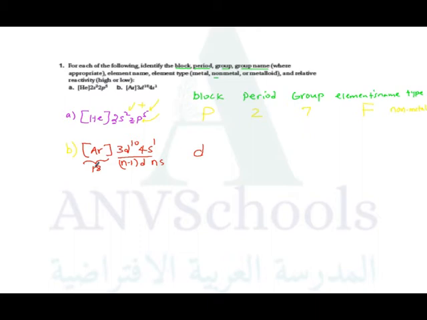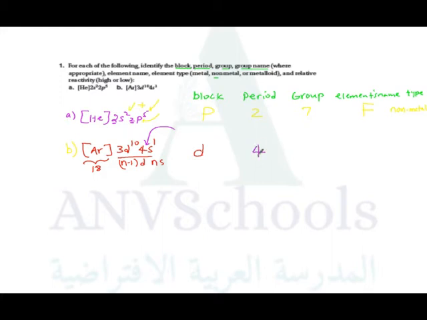An element which has 29 protons is copper. So copper is a d block element. For the period, we look at the outermost shell, which is 4. So it is period 4.